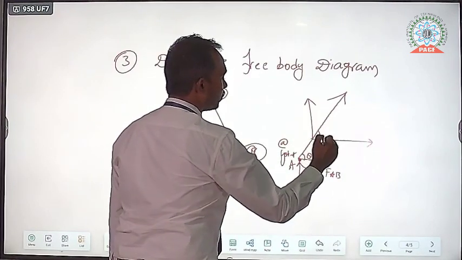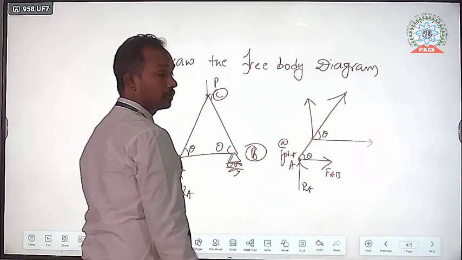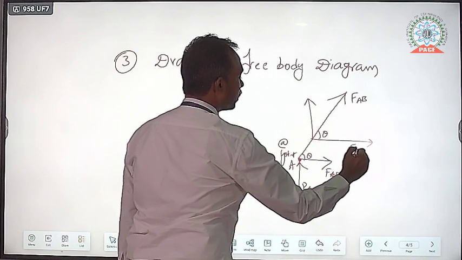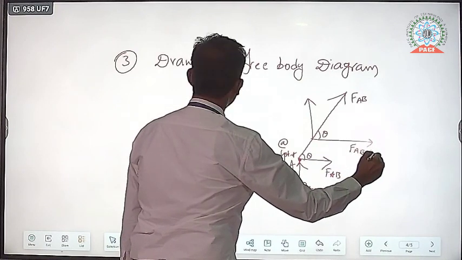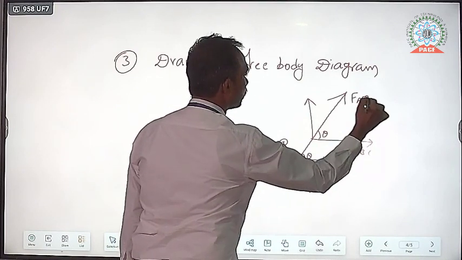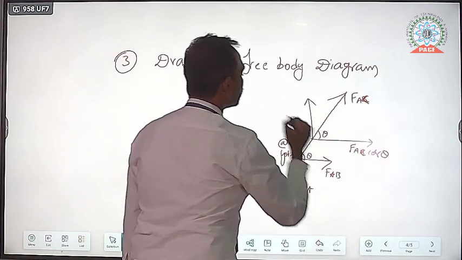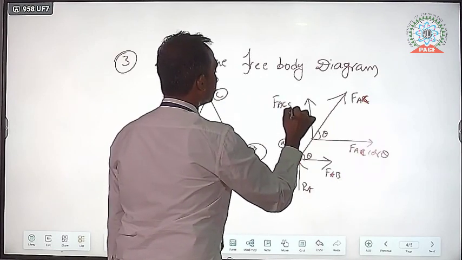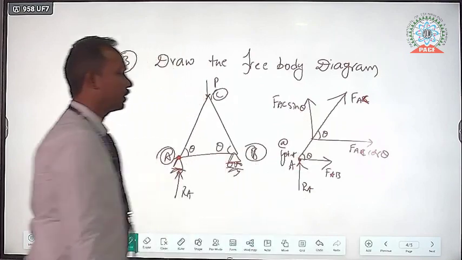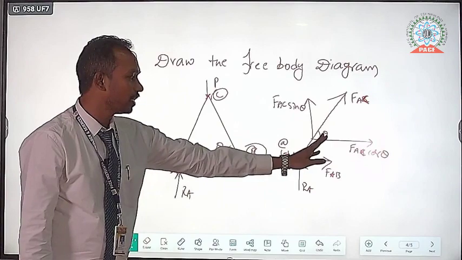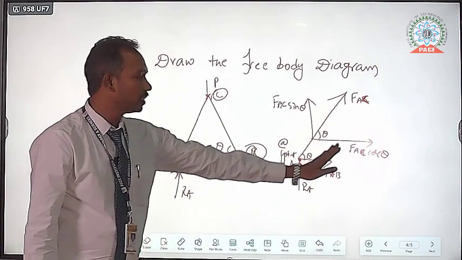This is the force FAB. This is C. So FAC cos theta, FAC sin theta. So to resolve this force by using this inclination, this is FAC cos theta, this is FAC sin theta.